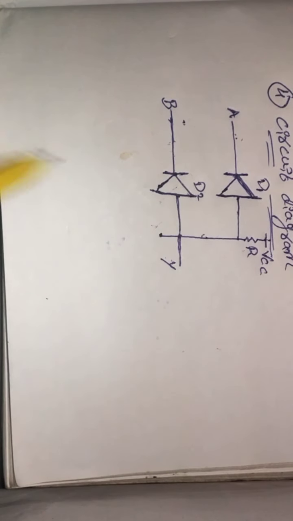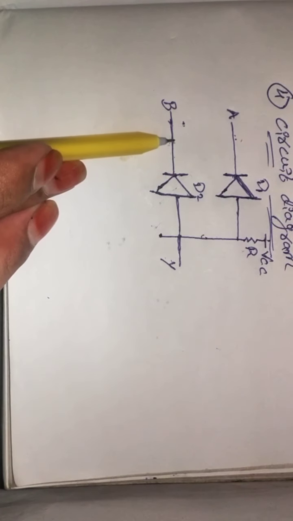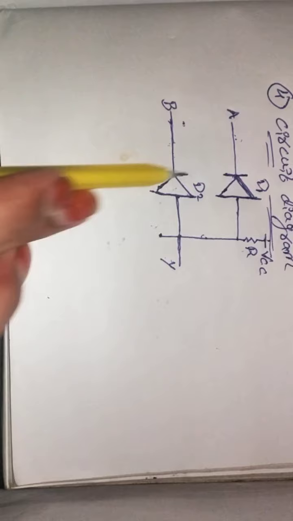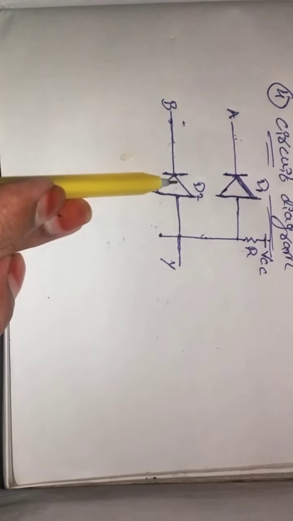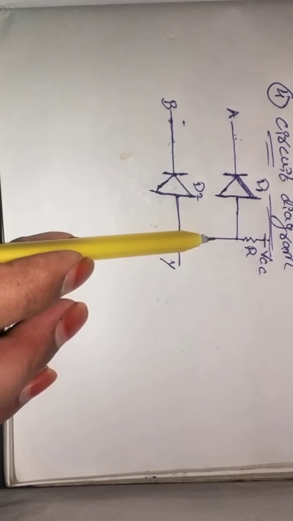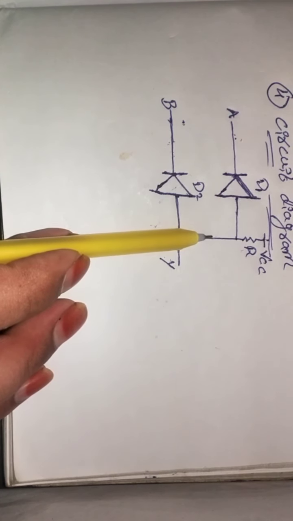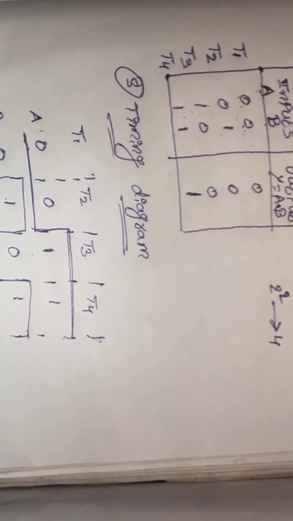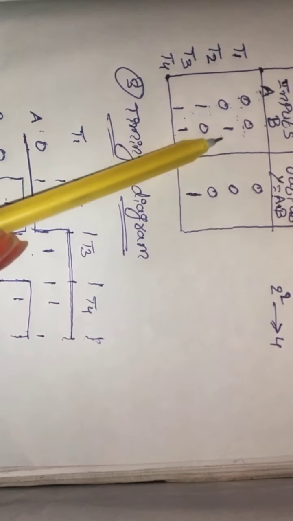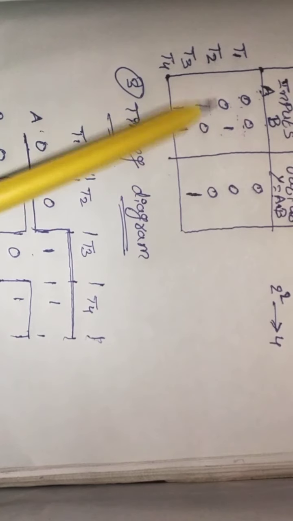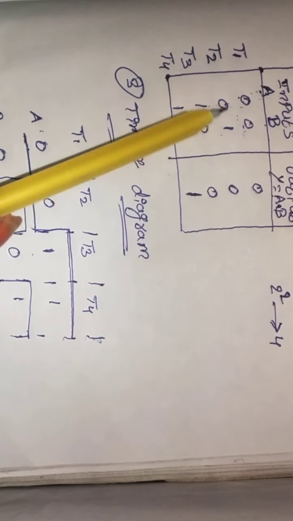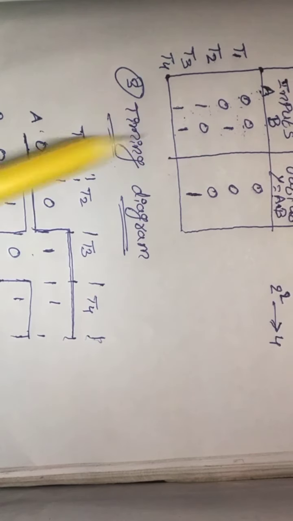For example, when the input voltage of these two diodes is 0, then the anode has high voltage. Here we take A and B values as 0 0, 0 1, 1 0, 1 1.